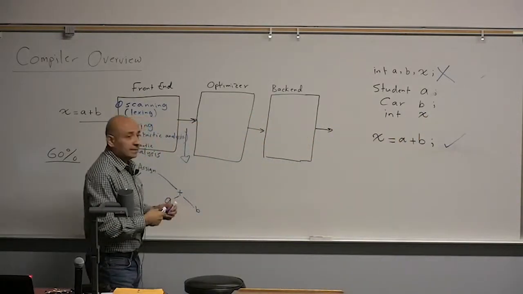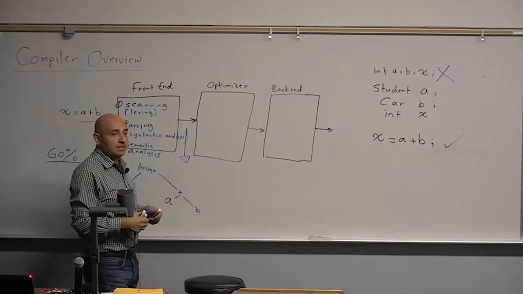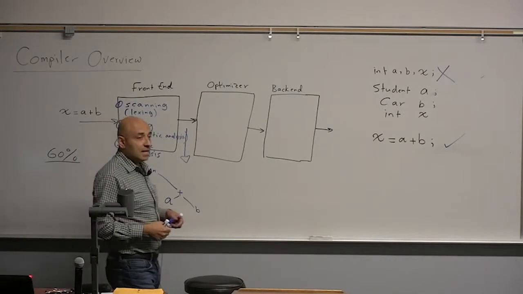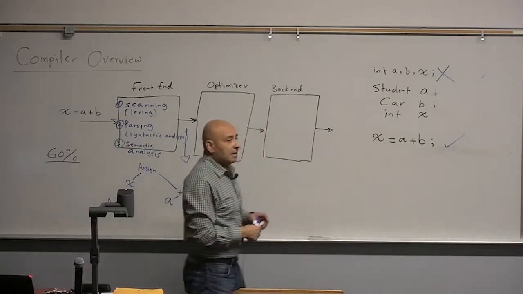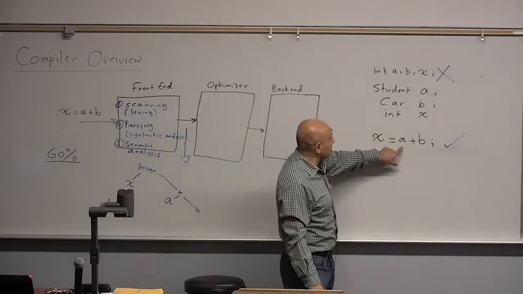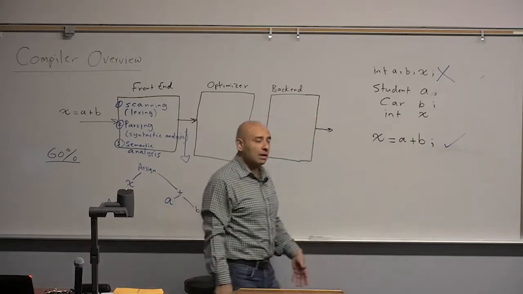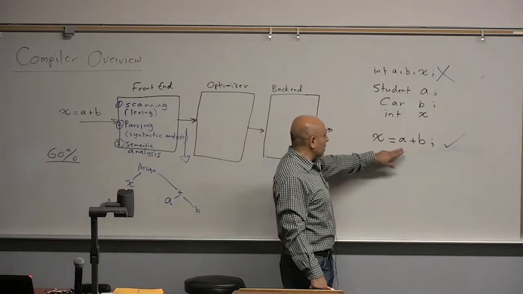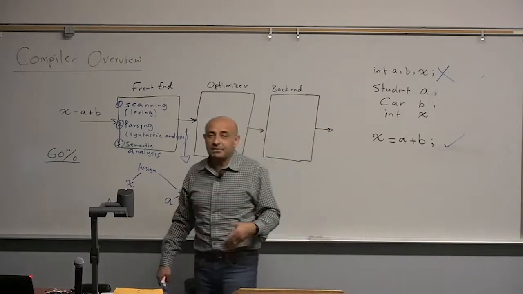So in this case, the types are not matching, they are not consistent, and this is meaningless, right? Unless you have in your language a definition of what it means to add a student to a car, and then what it means to assign this to an integer.